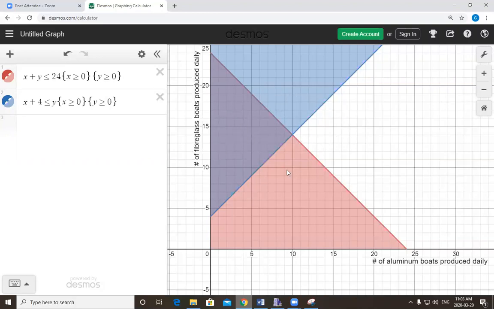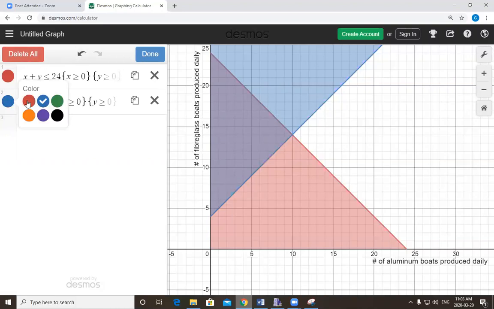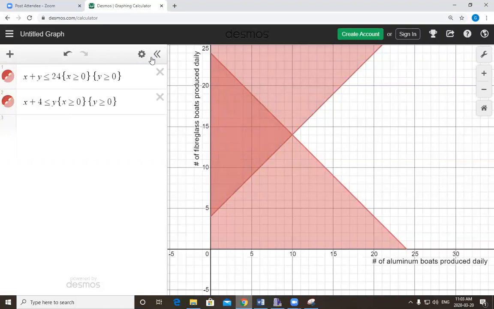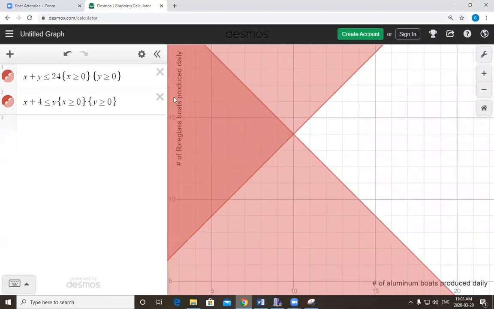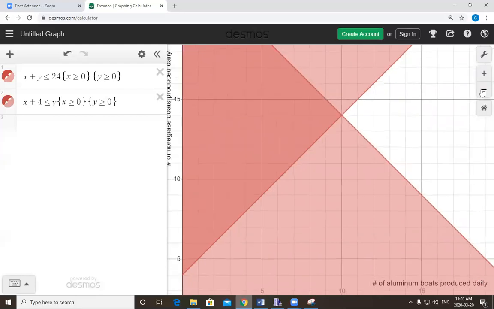So the solution region is the overlap. So if again we press on the gear wheel and we'll make it red, now you can see clearly the solution region. So 0.25, 0.24, I apologize, 0.4, and this point here would be the maximum.